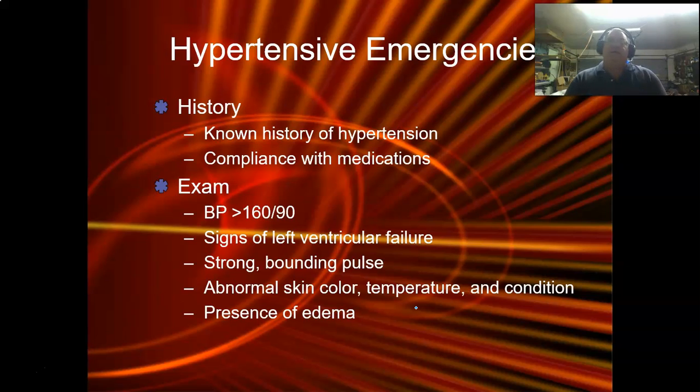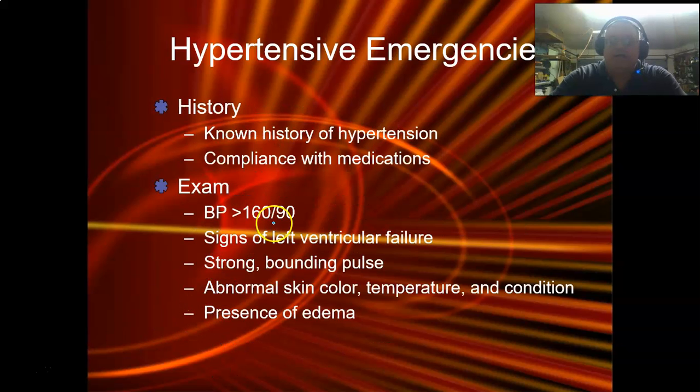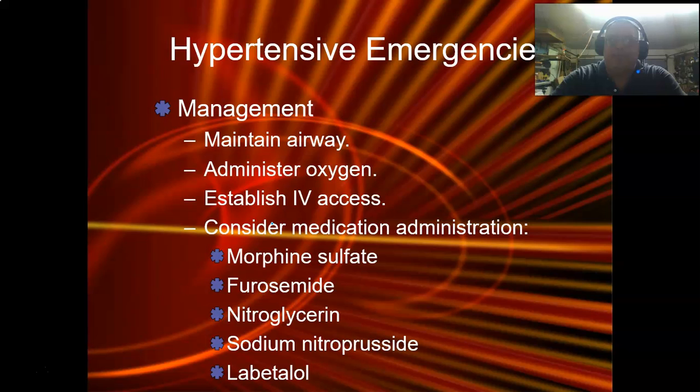Again, if you've got signs of left-sided heart failure, actually, this is one of the few times where I'd say getting the blood pressure down is good, because you're reducing the afterload, which reduces workload on the heart. You get a strong bounding pulse with this. The skin will be flushed, probably a little bit on the warm side, okay? You're probably going to have edema going along with this. Again, there are other ways to get this down besides the true shotgun blast of this.